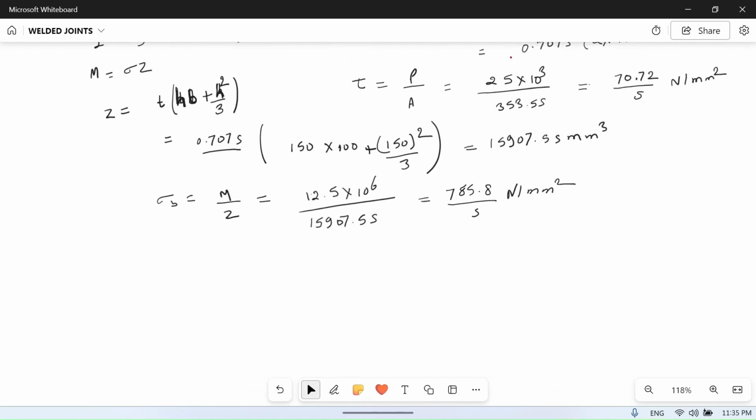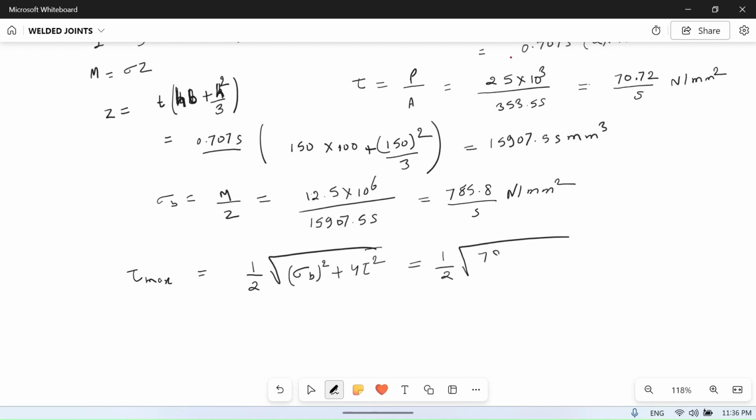Now what will be the maximum shear stress? Tau max from the principal stress theory will be equal to half into the square root of sigma b square plus 4 tau square. So it will be equal to half into the square root of sigma b, the bending stress, square plus 4 into tau, which is 70.72 divided by S, square.